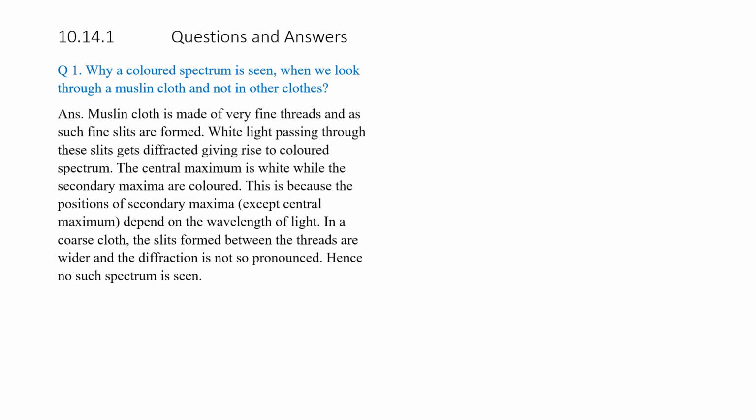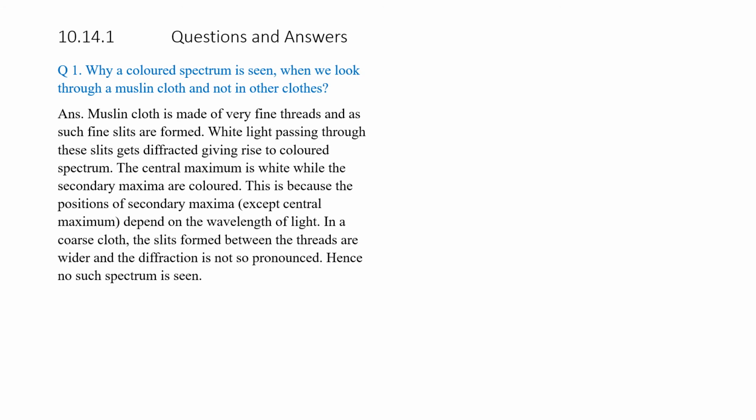The answer is, muslin cloth is made of very fine threads and as such fine slits are formed. White light passing through these slits gets diffracted, giving rise to a colored spectrum. The central maxima is white while the secondary maxima are colored.